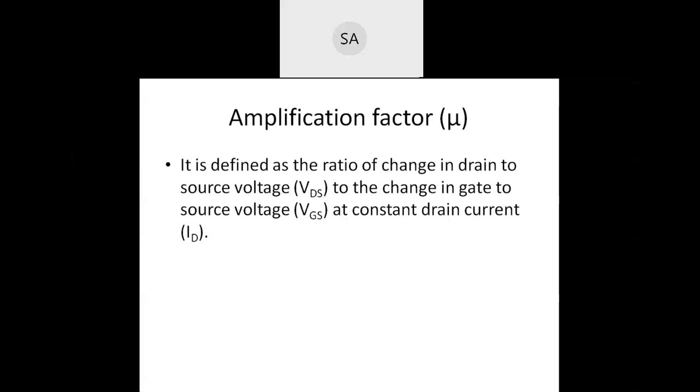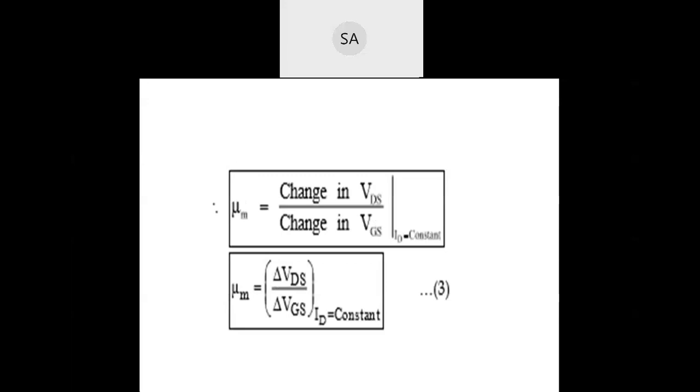The amplification factor is denoted by mu. Symbolically, we represent it as change in VDS by change in VGS, keeping ID constant.